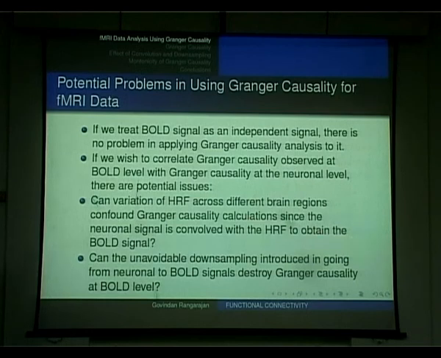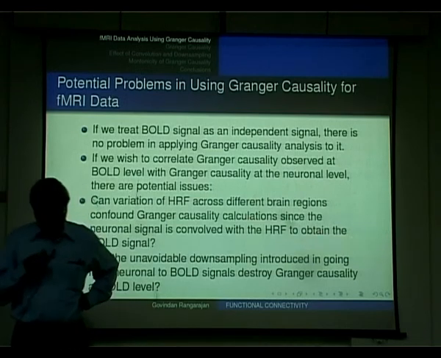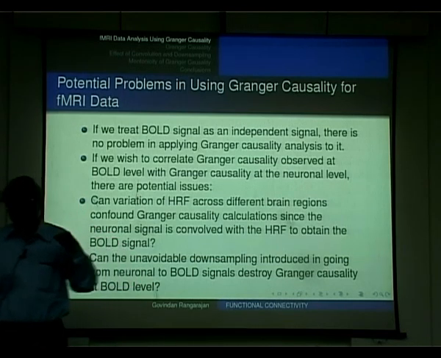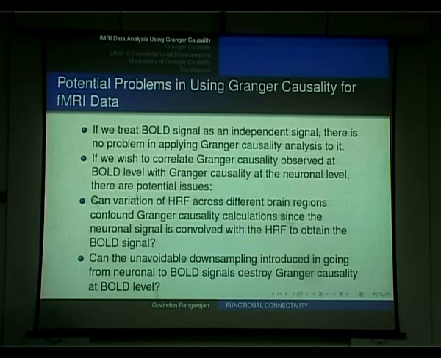And there is one other issue, which it turns out is a more serious issue: at the neuronal level, things are happening at a very fast scale, but with fMRI, given the limitations of technology, you are measuring the fMRI signals at a very low sampling rate.